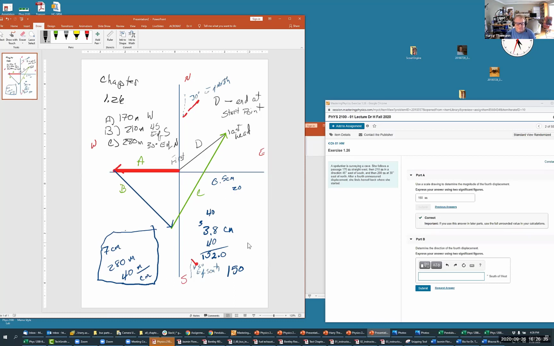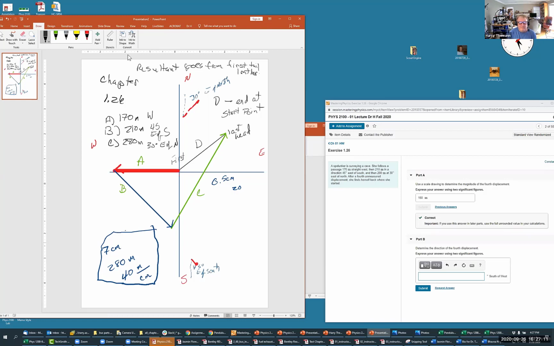So when you do a resultant, just FYI, a resultant goes from first tail to last head.